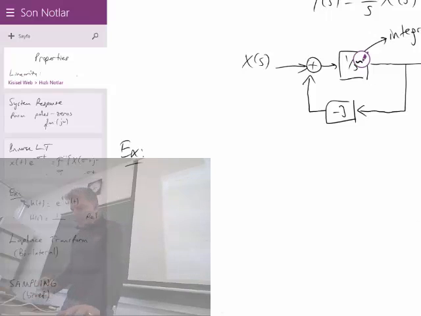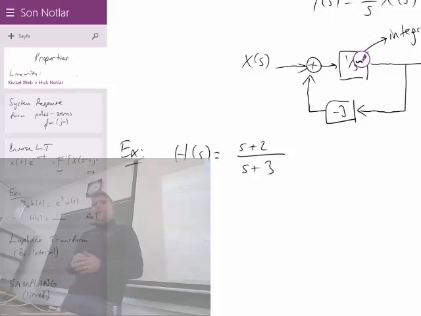Let's see an example. This time h of s is given as s plus 2 over s plus 3. Now here, my recommendation is that the polynomial side, just forget about it. Keep it as it is. Don't worry about that.